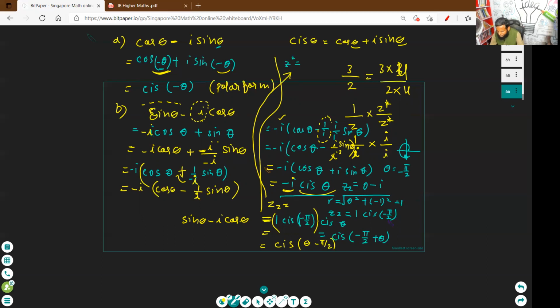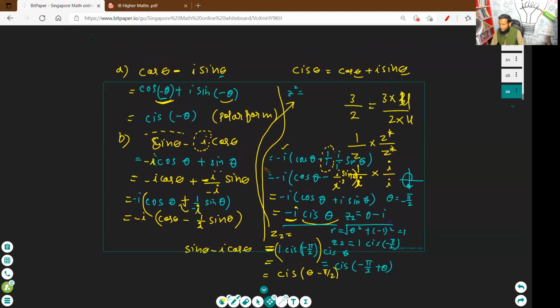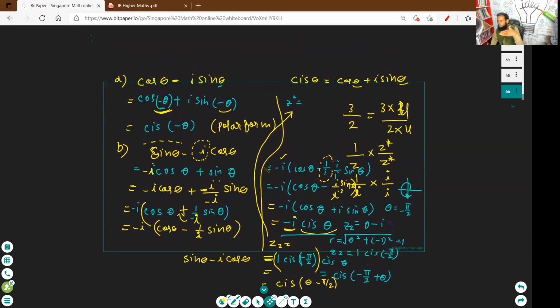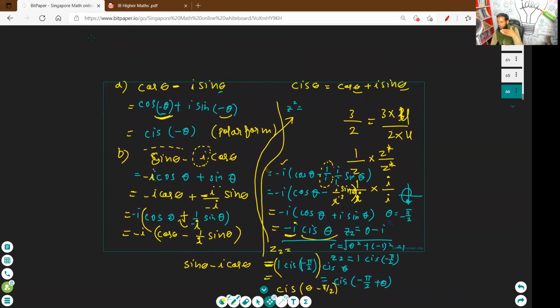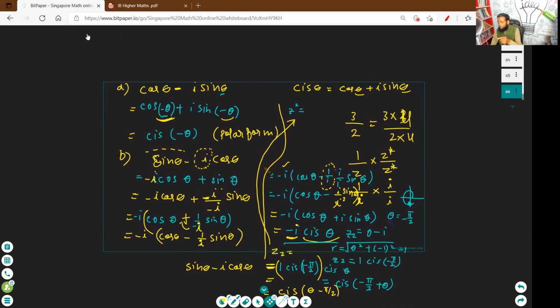Now, clear? But this is very hard. If you should understand, first of all we see the polar form. What is our polar form? In polar form, cos is first and sine is last. So in polar form there will be no minus i. So we will take minus i common, because here there is no common minus i.